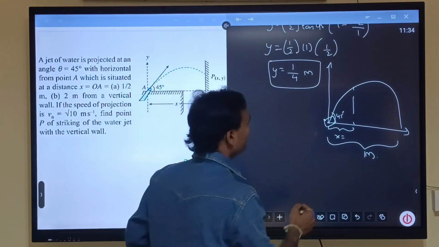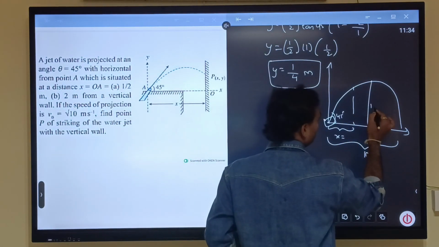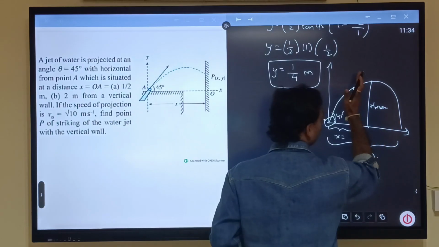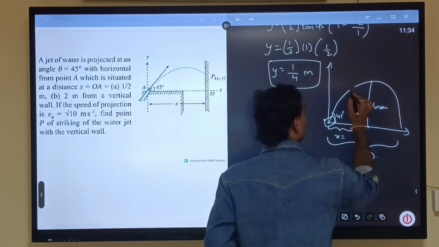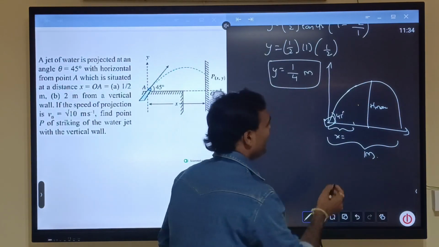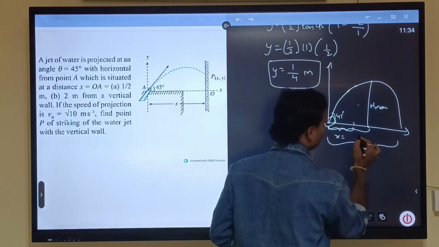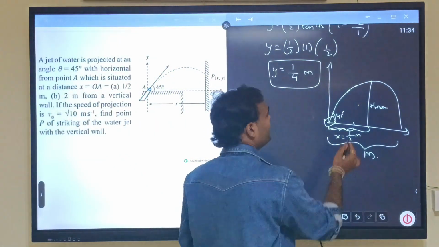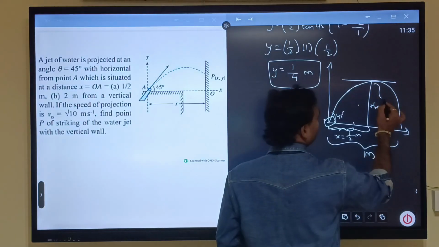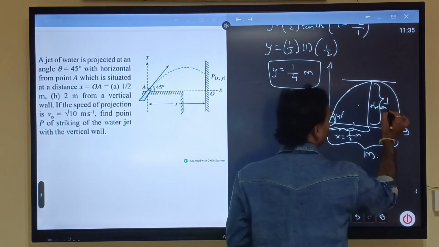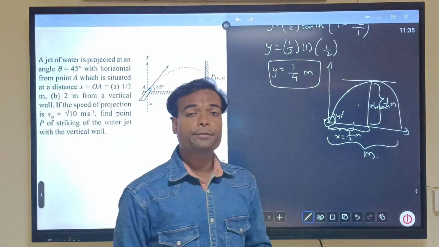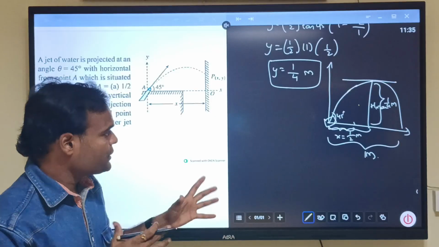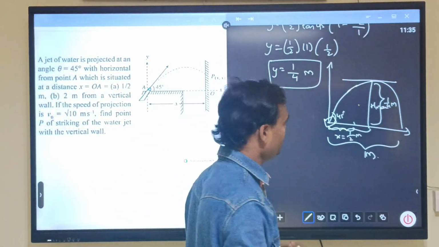That means it is at the topmost point, at maximum height. Actually this is the condition satisfying maximum height. At maximum height, the x value becomes 1 by 2 meter, and at this particular point the y value becomes 1 by 4 meter. I hope you understood very clearly, right?